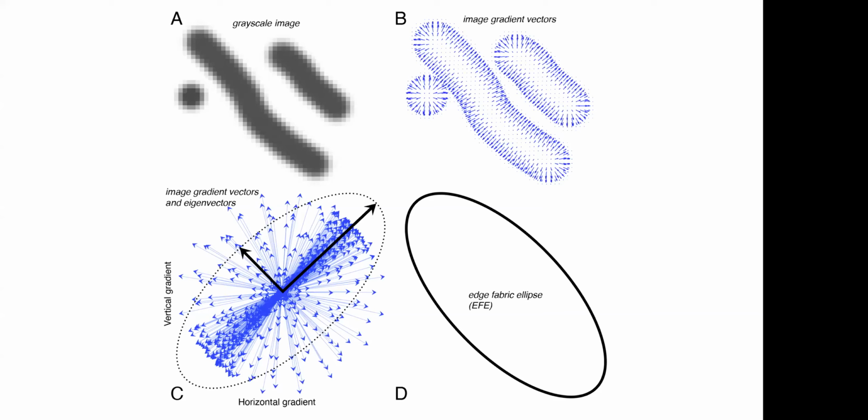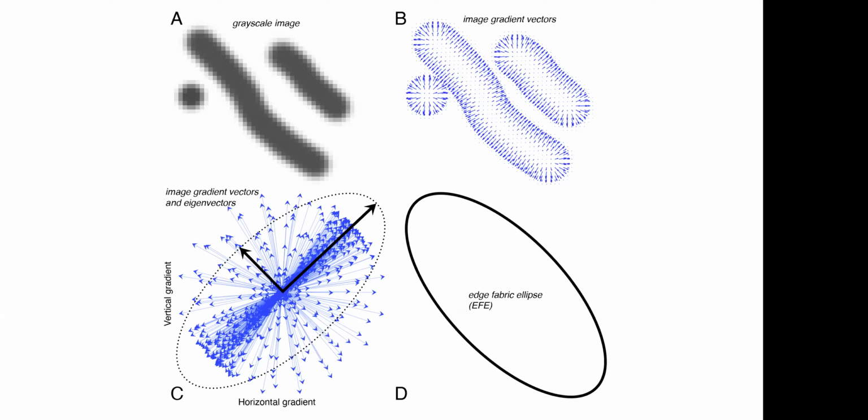So in image C in the lower left, I've translated all of those vectors in the upper right to the origin and rescaled it. And the two black vectors are the principal eigenvectors of the variance covariance matrix. So if we have a 1,000 by 1,000 image, you get a 1,000,000 by 2 matrix of the vectors, and you do the Bingham statistics on that, and you get the concentrations of the data.